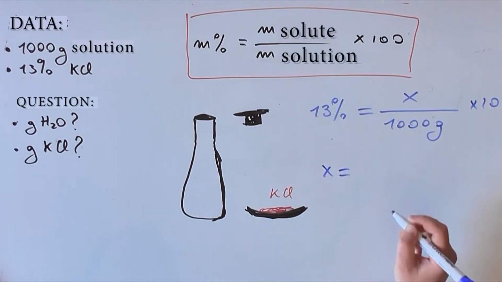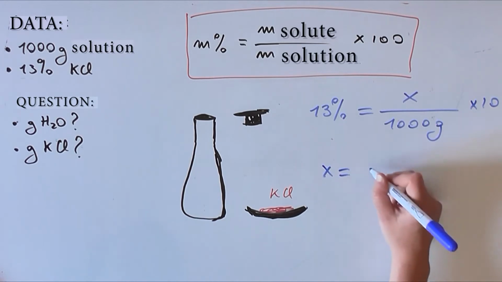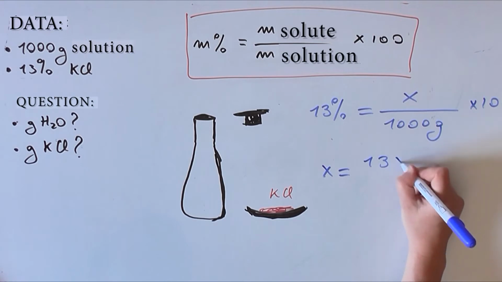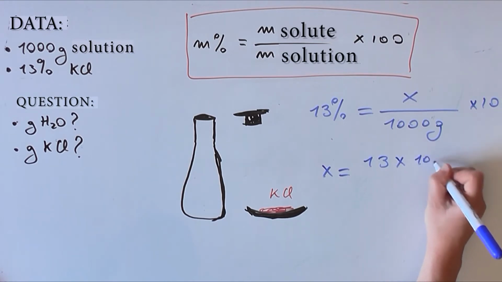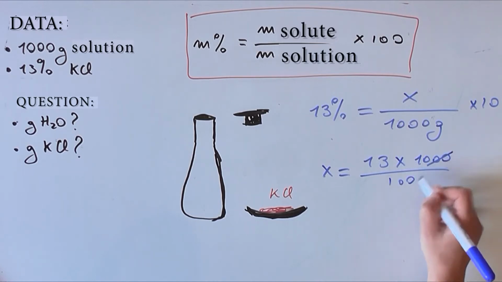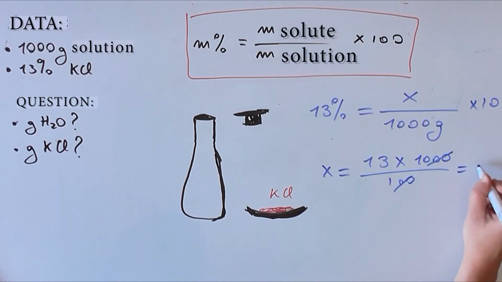This is an equation with only one variable, so it's easy to perform. X equals 13 times 1000 divided by 100. We can simplify this fraction, and now it equals 130 grams. I hope it's visible, but it's 130 grams here.